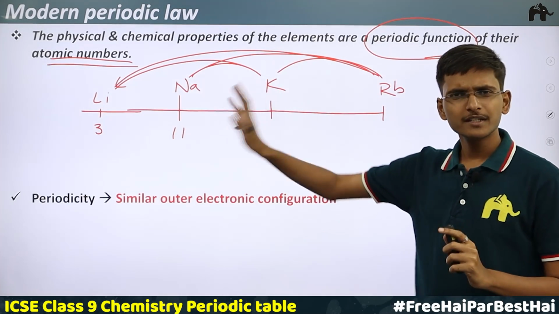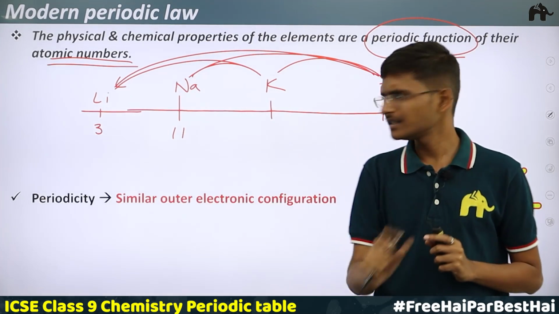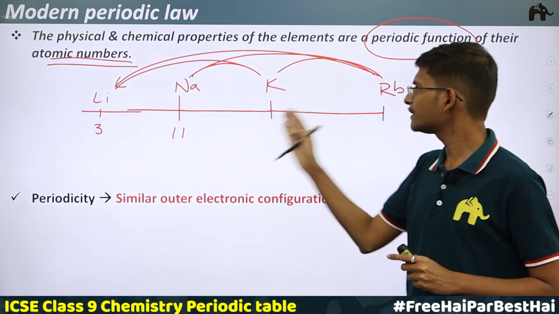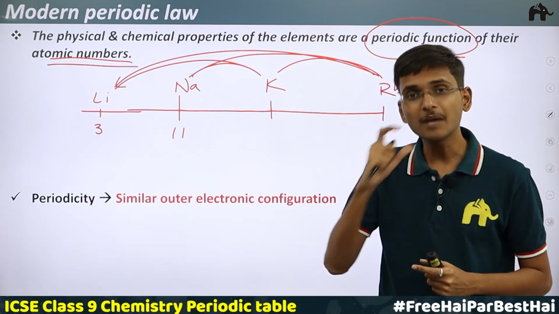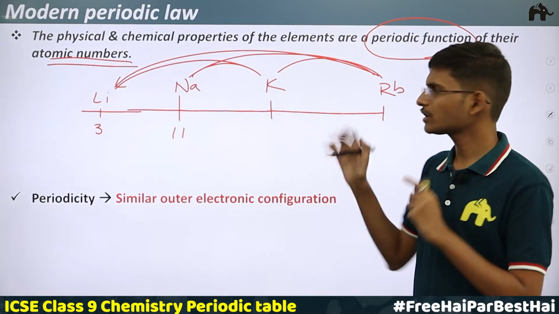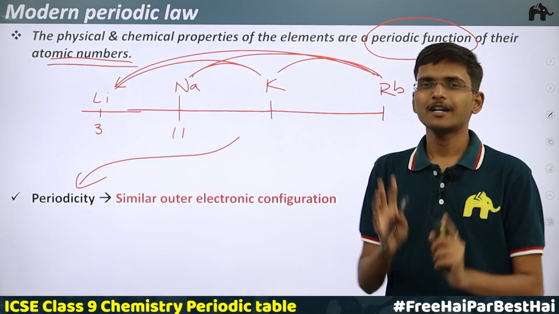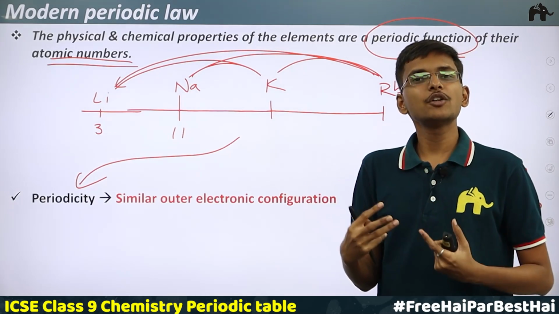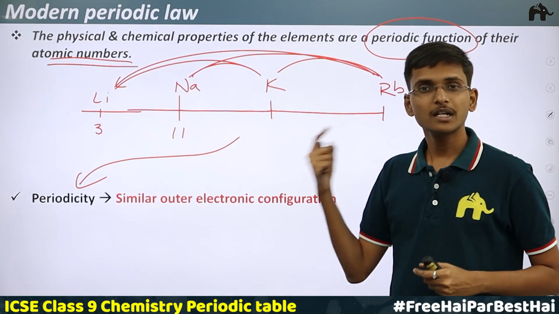So this was a very simple thing told by Moseley, exactly the same as Mendeleev, but just here he told that you would get elements having similar properties after a particular interval of atomic numbers. Fine, and this is what is called periodicity. Very simple. Now, the reason behind the periodicity we can understand with the help of atomic numbers.